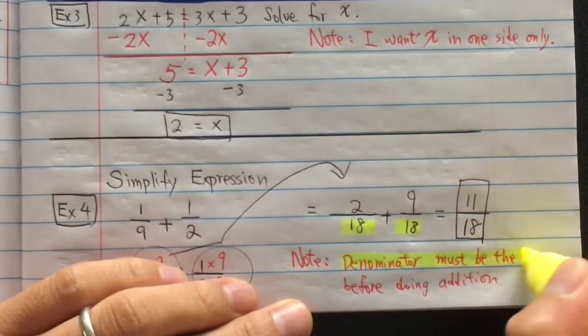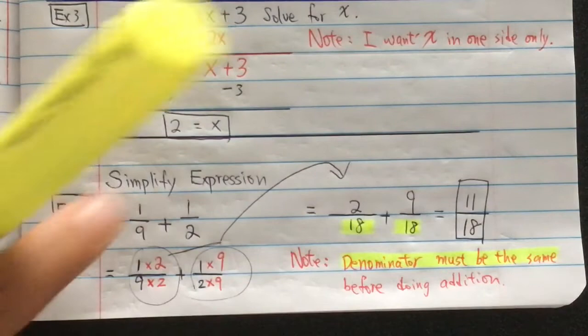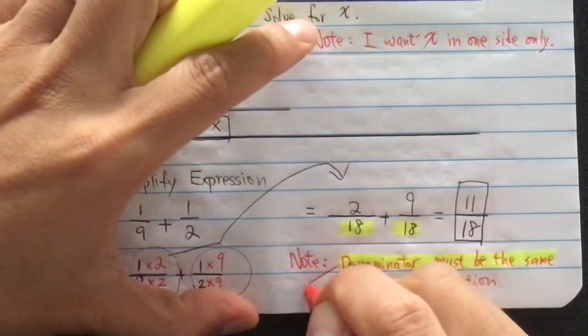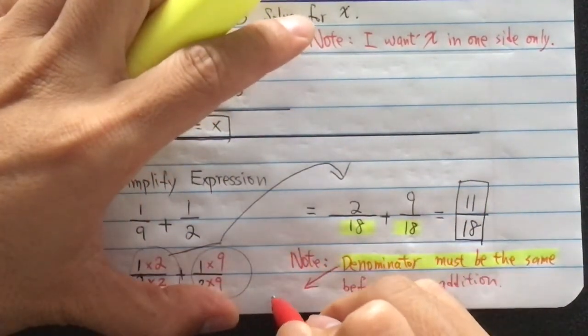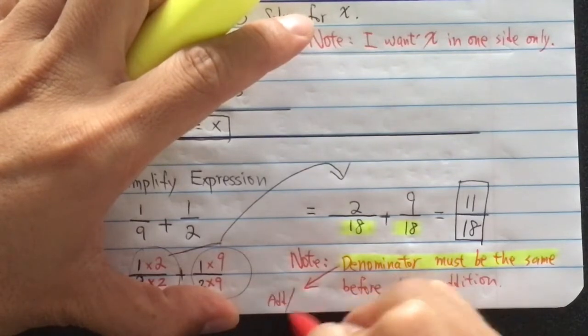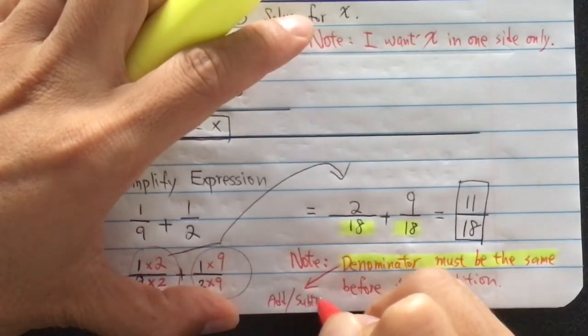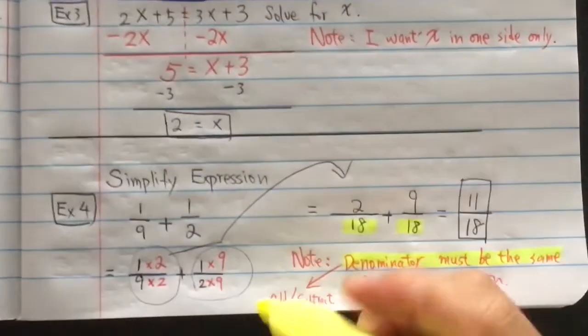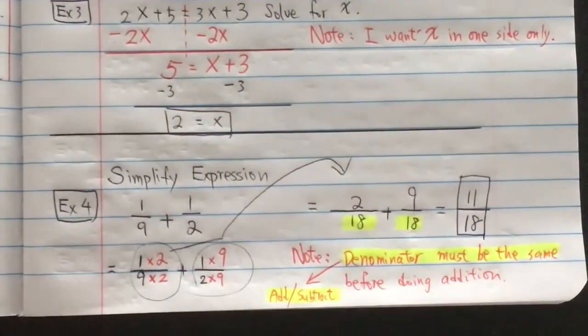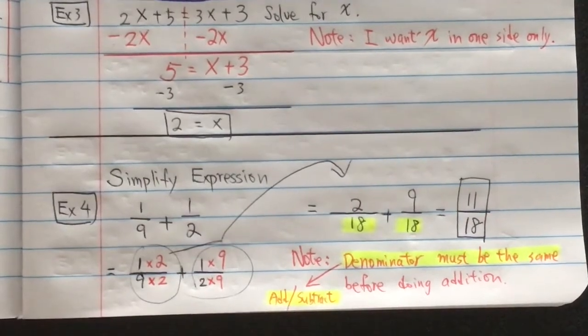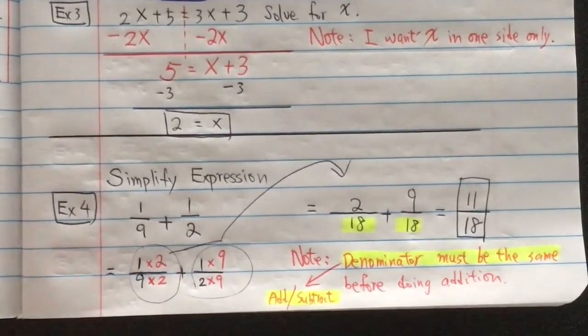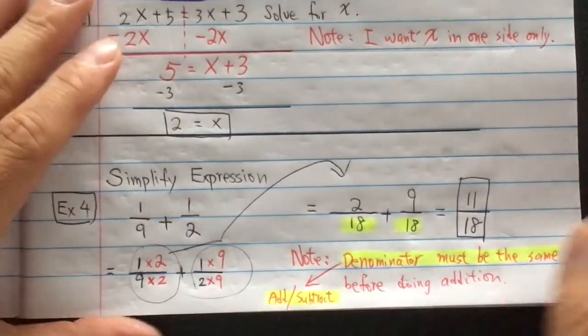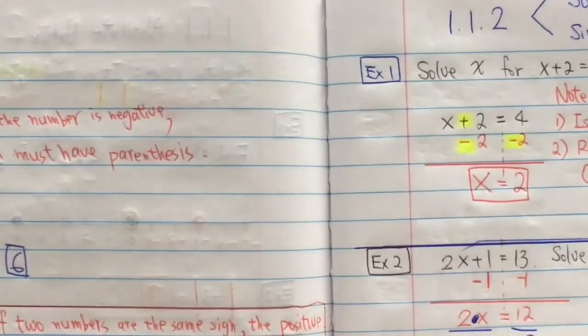Denominator must be the same. But I'm talking about the note here. I mean addition and subtraction. Okay, denominator must be the same. That I mean addition and subtraction. Okay, so far so good. Okay, and now let's turn to the next page.